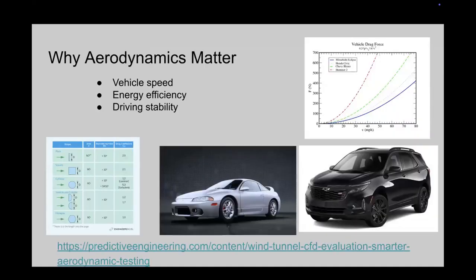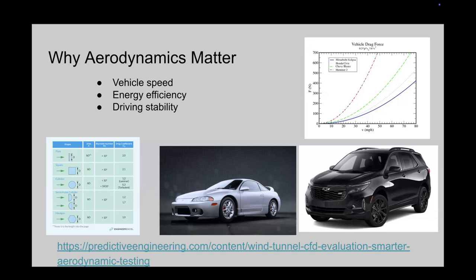After we talk about CFD, we can talk a little bit about why aerodynamics is very important. Aerodynamics is important because air resistance directly affects vehicle performance. For example, lower drag can improve speed and energy efficiency, and this is very important for the solar car, since they have limited power available.